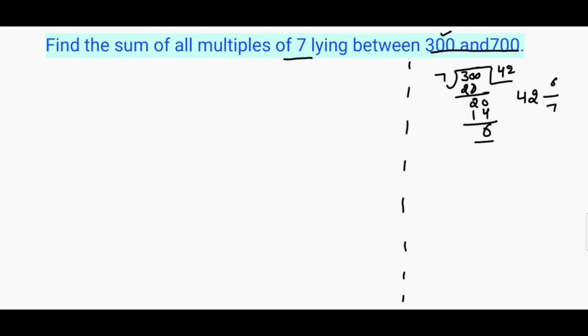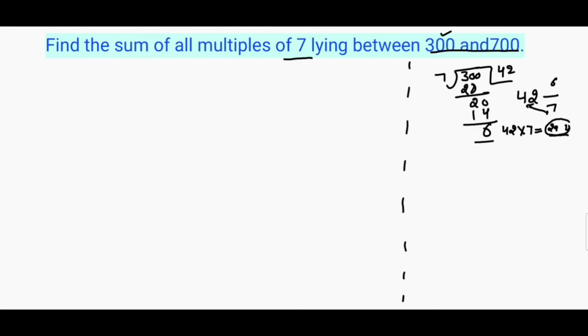It means if I multiply this 42 with 7, I will get a number near 300, which is 294.